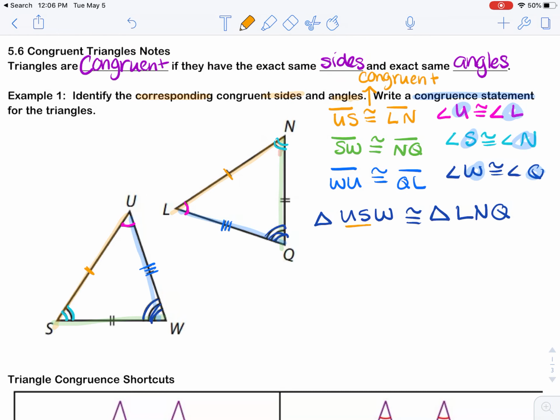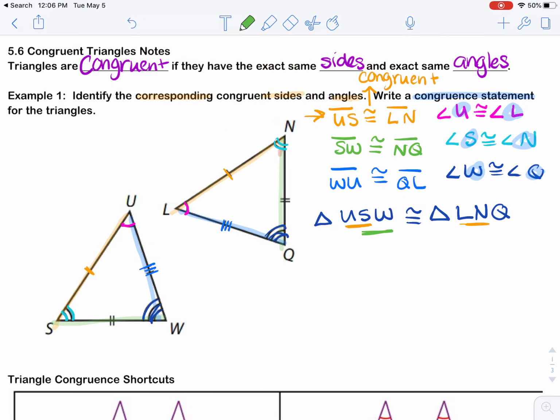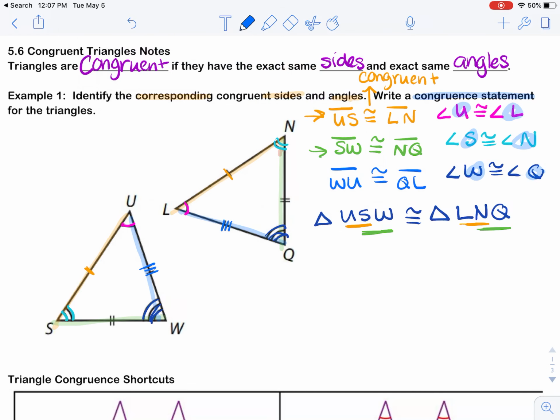So if you notice, I can see US is congruent to LN just by looking at the position here. Do you see how SW, the second and the last letter, matches up with NQ? And then the last one, WU, the last letter and the first letter, does match up with QL.